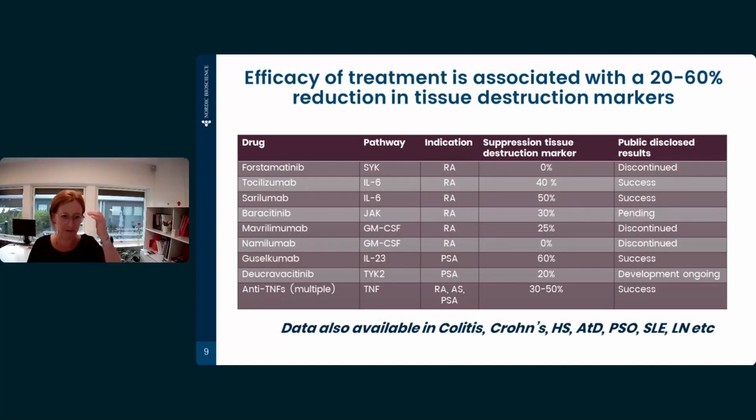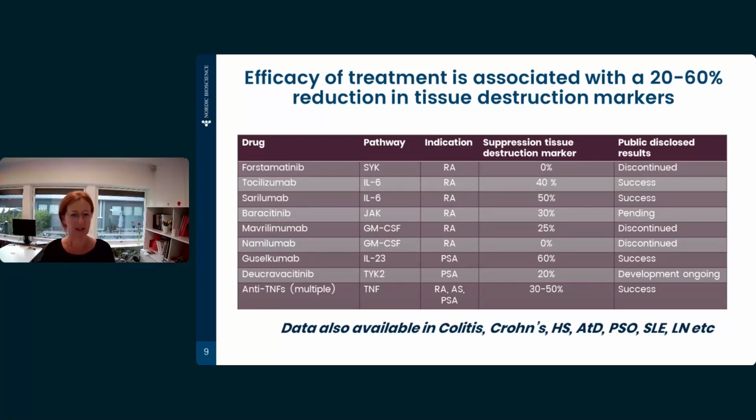We also looked into different studies and looked at the level of some of these biomarkers. We could see there was a relationship with the structural outcomes like Sharp score and others, and we looked at whether a reduction in the tissue destruction biomarker was related to the primary outcome in some of these studies.